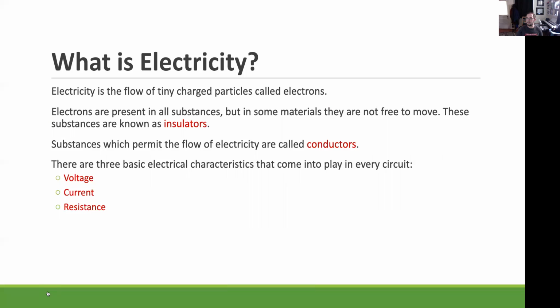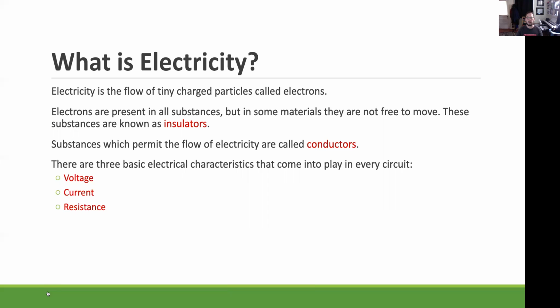Not everything can have this happen, though. Things with insulative properties don't allow this electricity to pass through. Rubber is a big one that comes to mind, as are the coatings on bigger wires.